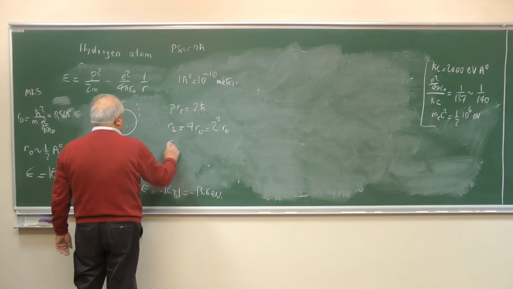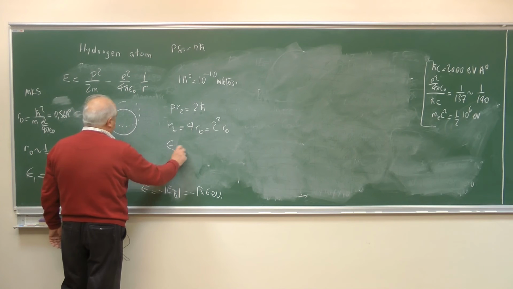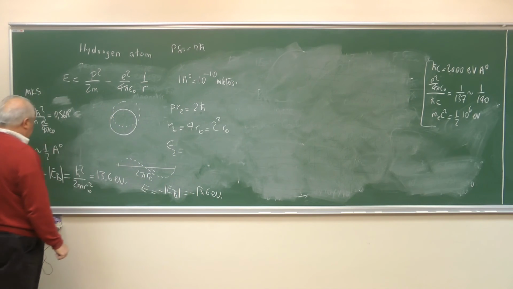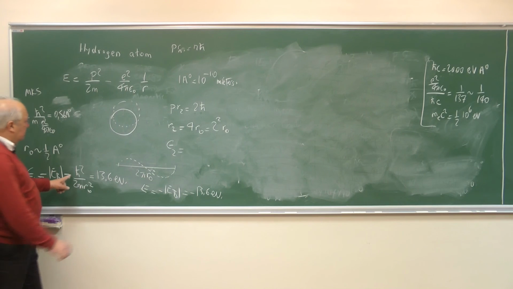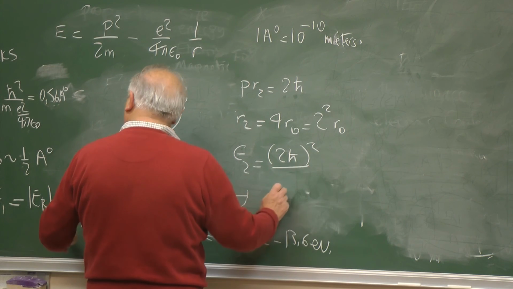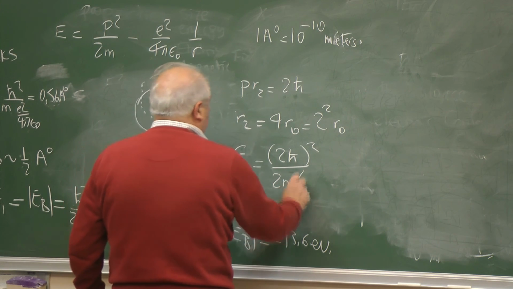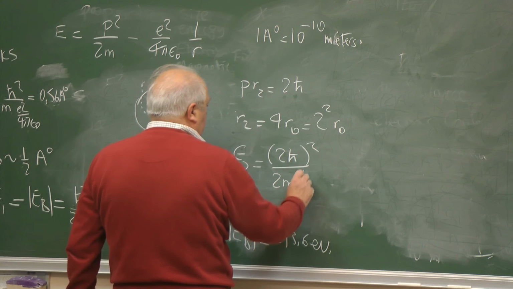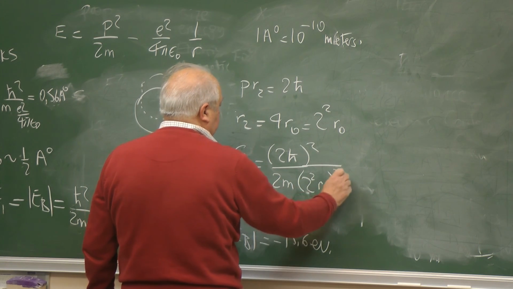energy epsilon? So this is epsilon 1, epsilon 2. Let's look at here. h bar goes to 2h bar, so we can write this thing as 2h bar squared over 2m, and R2 is 2 to the 2 R0 squared.